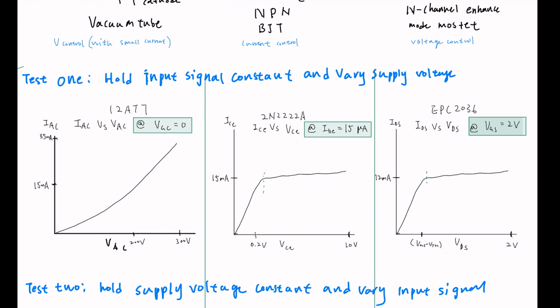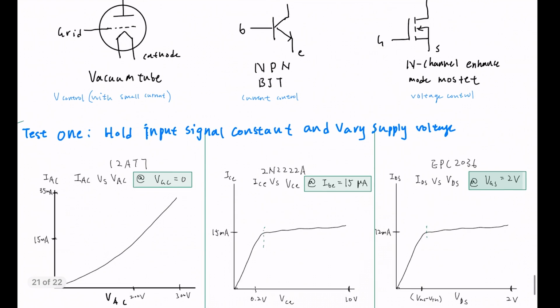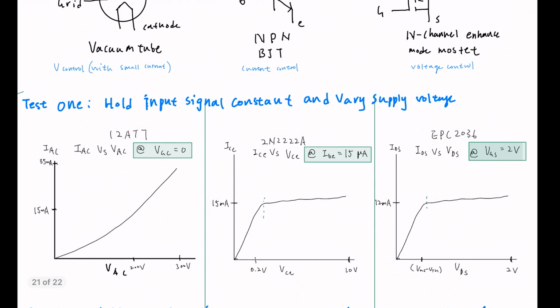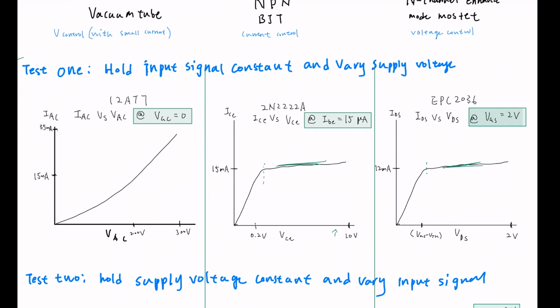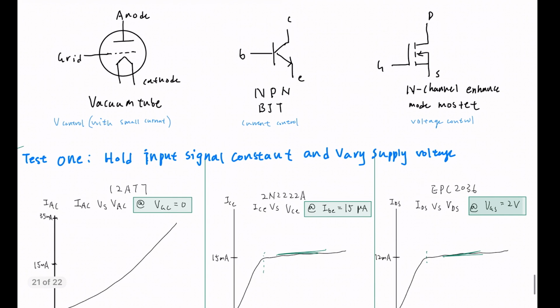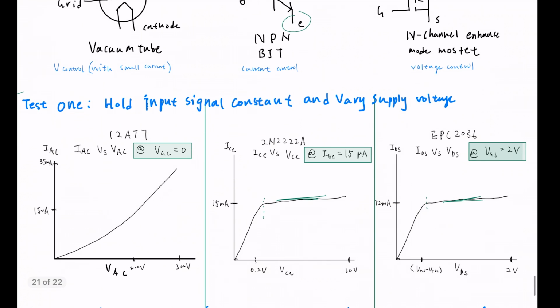So after the threshold, the current flowing through the device really doesn't change that much, even if the voltage applied is greater, right? You see that the voltage for the BJT device is changing from 0.2 volts to 10 volts. However, the amount of current flowing through the BJT from the collector side to the emitter is staying around 15 milliamps.